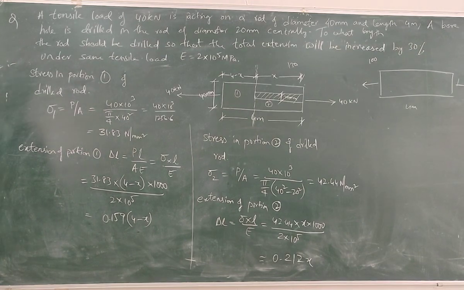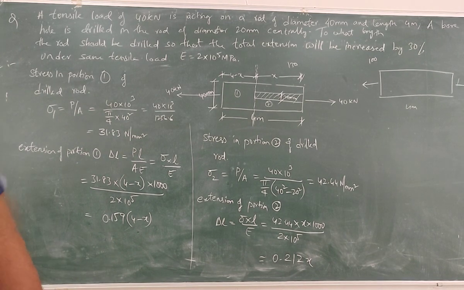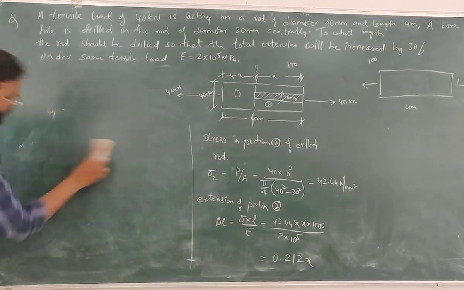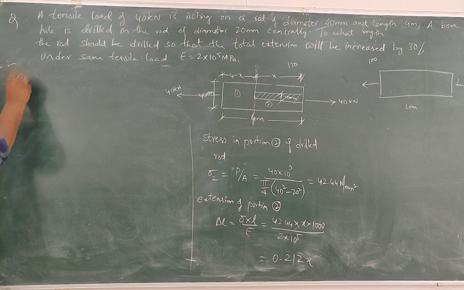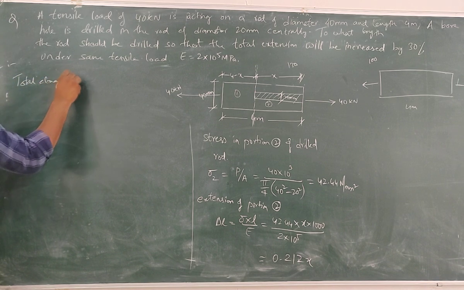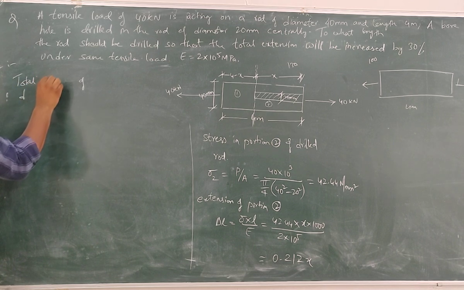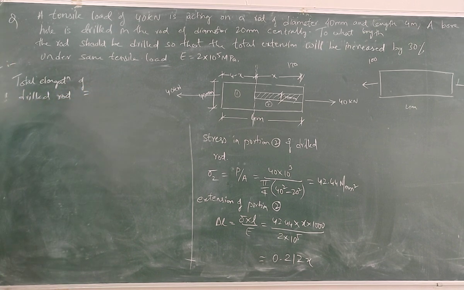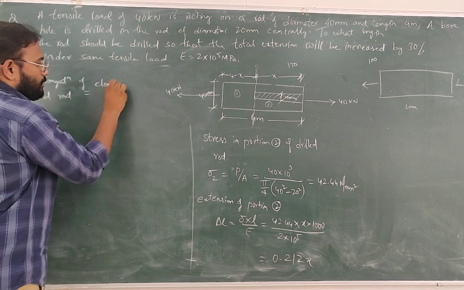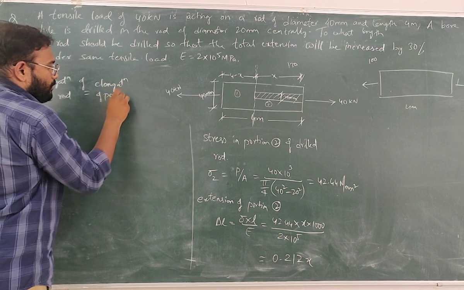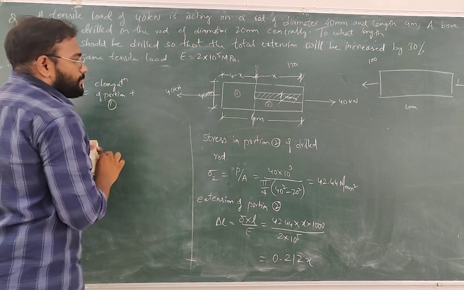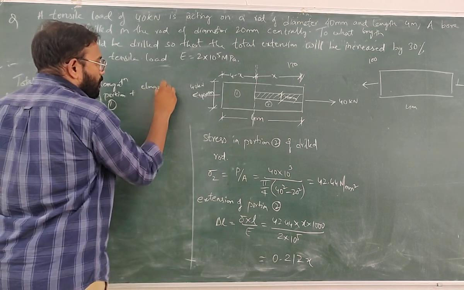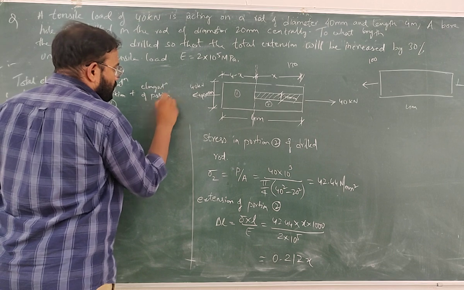Now what is the total elongation of the drilled rod? It is equal to elongation of portion 1 plus elongation of portion 2.